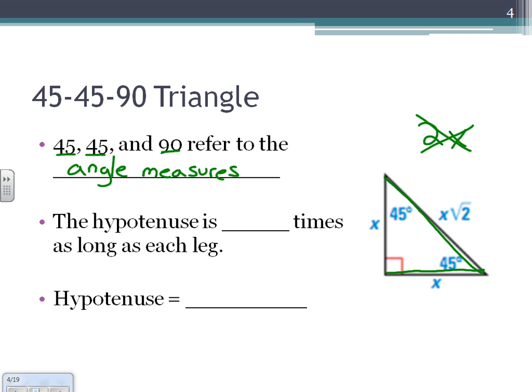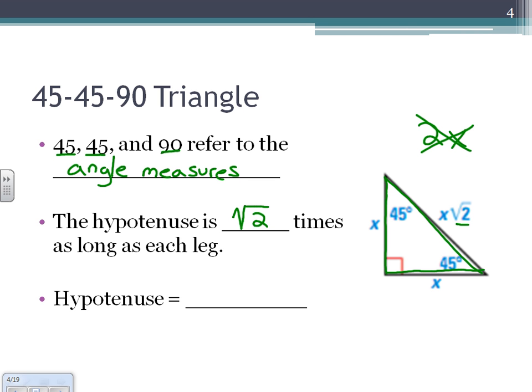What is this? Square root of 2. It's square root of 2 times bigger. So the hypotenuse is square root of 2 times bigger. Okay, that's very important. It's as long as each leg, right? In this case, notice that your legs are exactly the same, so it doesn't matter which one we pick. They're both x, or they're both the same length.